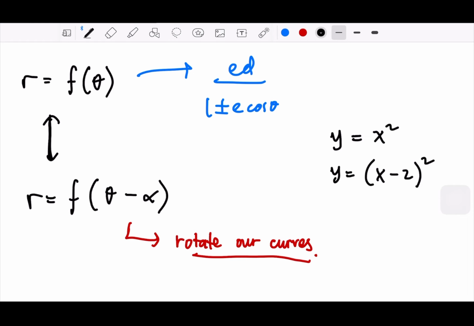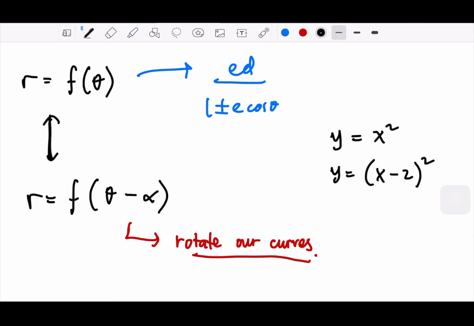It's the similarity: x minus 2 goes to the right, even though it's a minus, and here the rotation also goes with the plus.